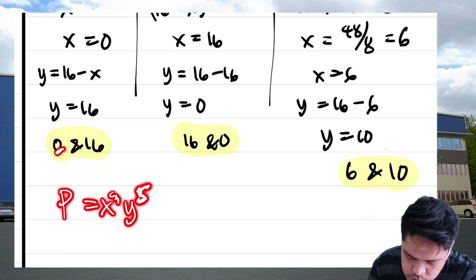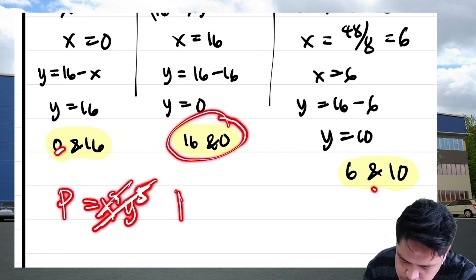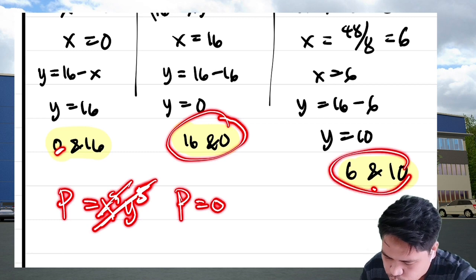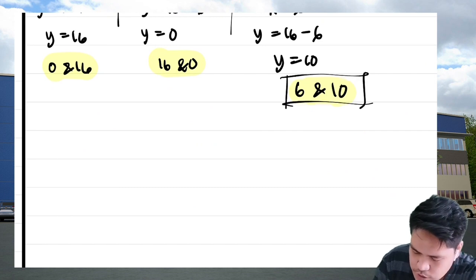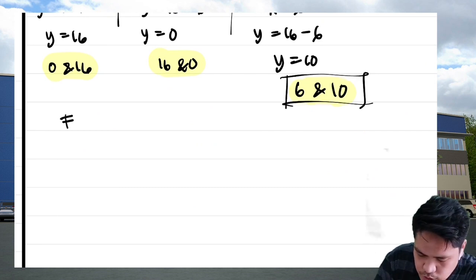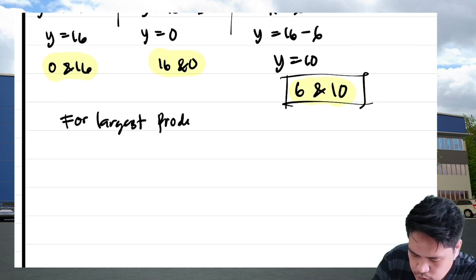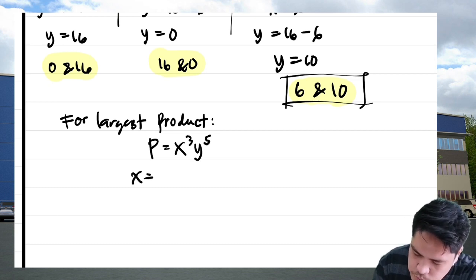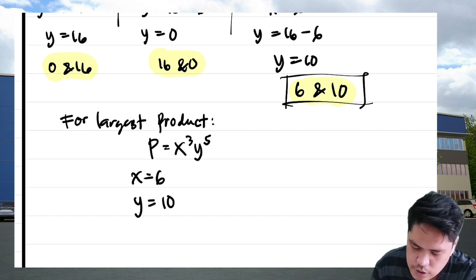Since one of the factors is 0 here, the product is 0, as well as here. The product here is 0, so it's not large compared to if we take this. Therefore, this is our answer. For the largest product, p equal to x cubed times y raised to 5, x should be equal to 6 and y should be equal to 10. So this is our answer.